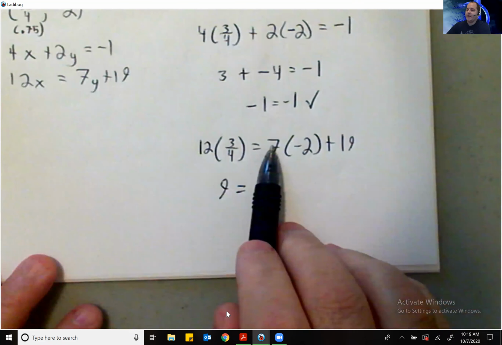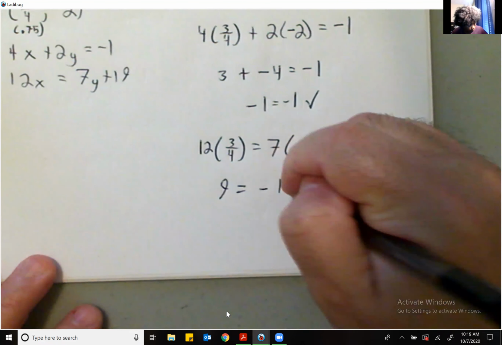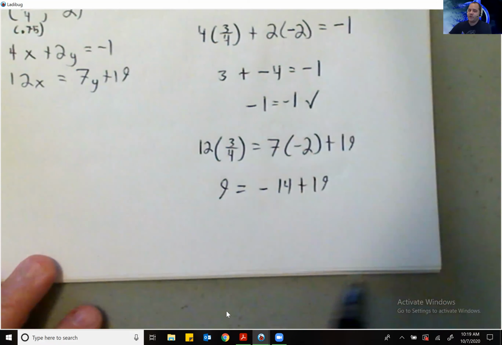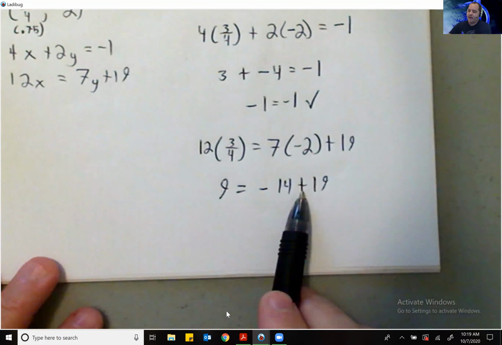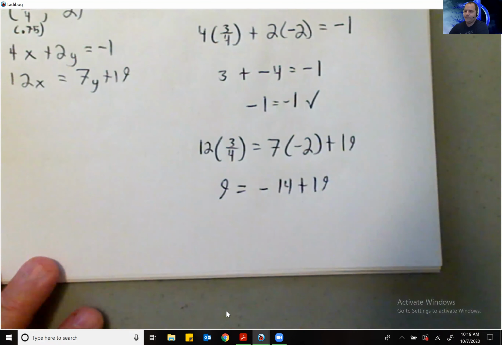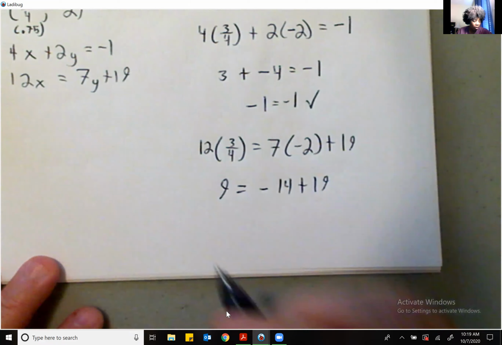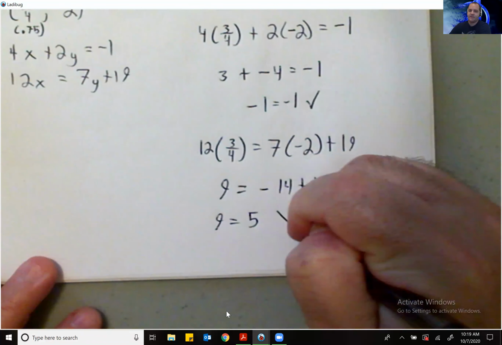And what is 7 times -2? -14. All right, so the question is, if I take -14 and add it to 19, does that give me 9? No, it gives us 5. So right here, this does not make sense.